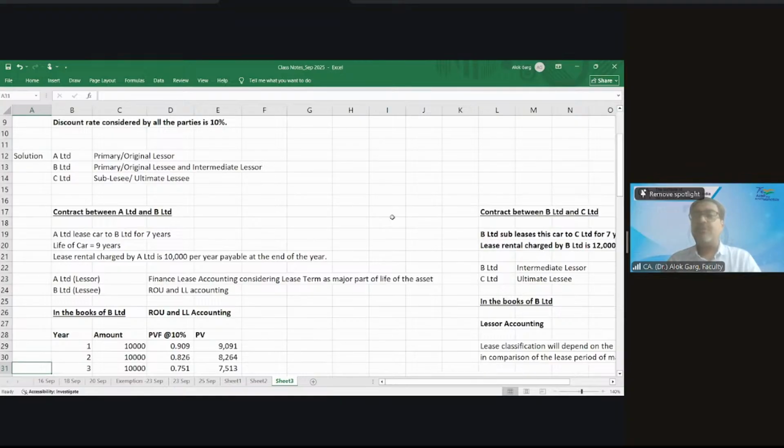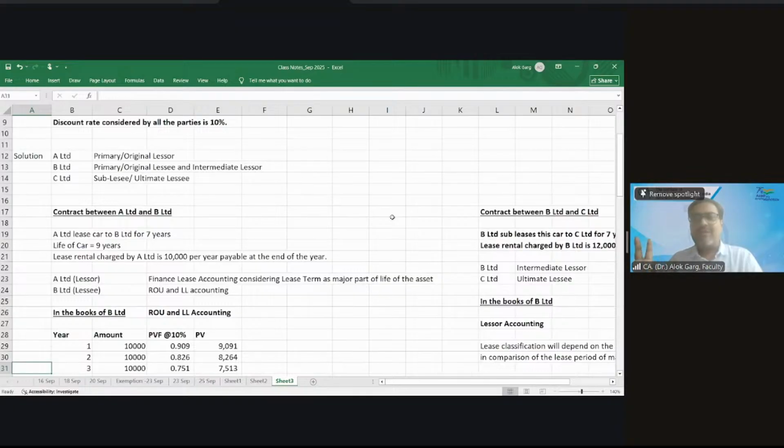So you need to see from the intermediate lessor perspective, is it a finance lease or an operating lease? If it is a finance lease, the intermediate lessor has to derecognize the right of use asset which he has created, and he has to recognize the finance lease receivable. Friends, if it is an operating lease, then what will happen?